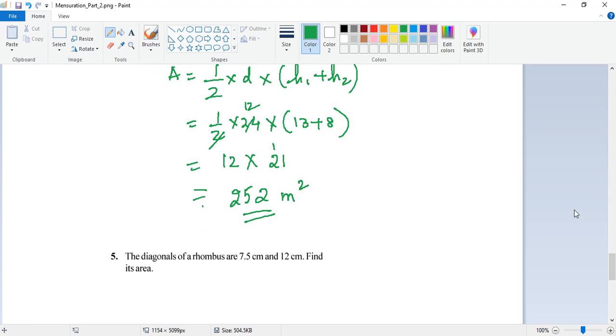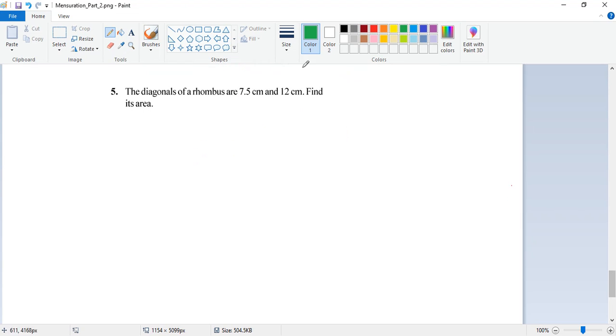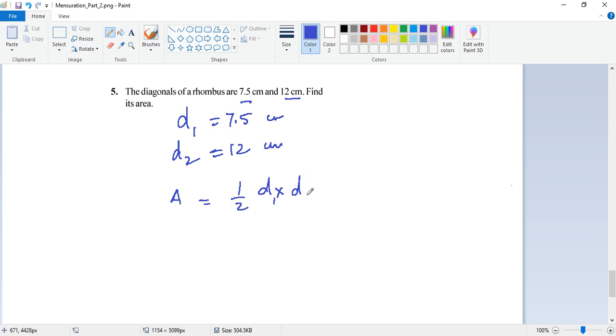So now we come to the next question. The diagonals of a rhombus are 7.5 and 12 centimeters. So D1 is 7.5 and D2 is 12 centimeters. Okay, find its area. So area, we know that it's half D1 into D2, right? So you just have to do half into 7.5 into 12.